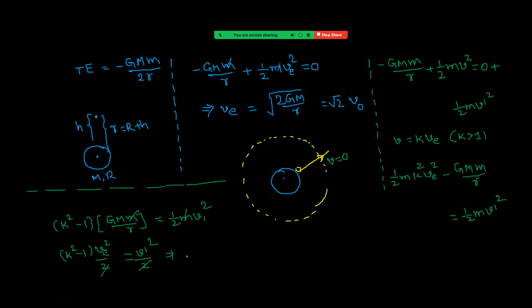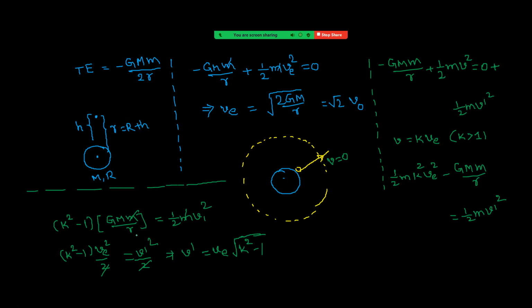That implies v dash is equal to v e into root of k square minus 1, right? That is the speed with which it moves after crossing that boundary. See, on the calculation part, what we have done here: in the place of half m v square, I have taken G m by r, that is positive.